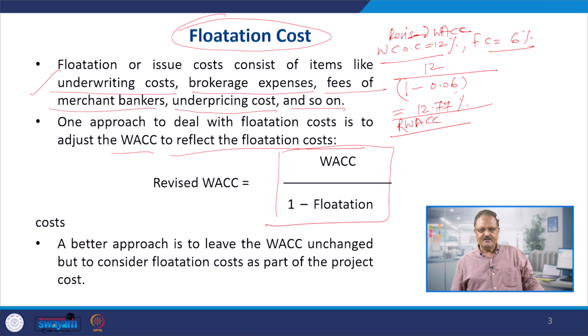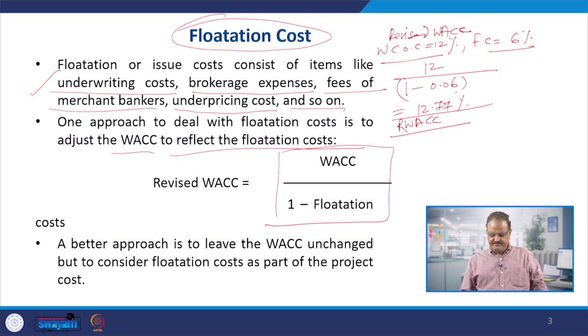But there is everything wrong in it. We should not do it like this, and we should not revise the weighted average cost of capital. If you refer to some academic sources like books or other relevant sources, this approach is explained there, that for factoring the flotation cost you have to revise the weighted average cost of capital.